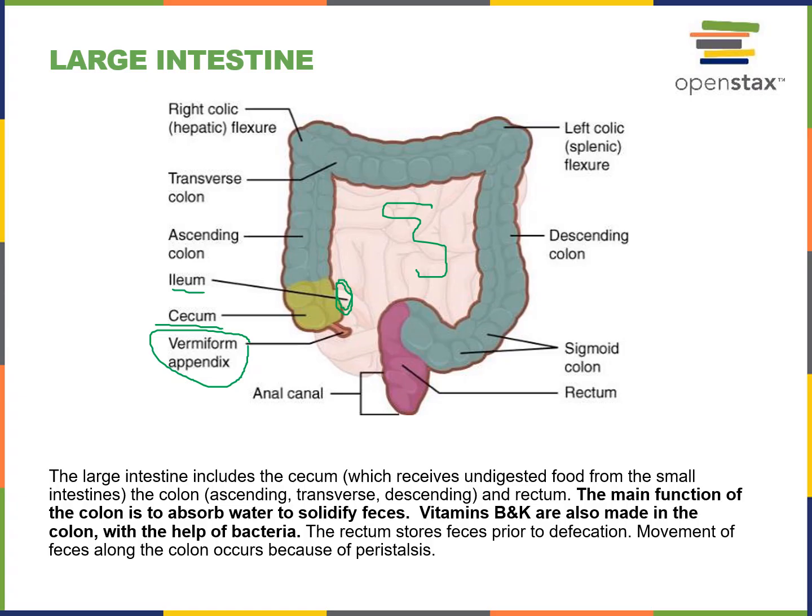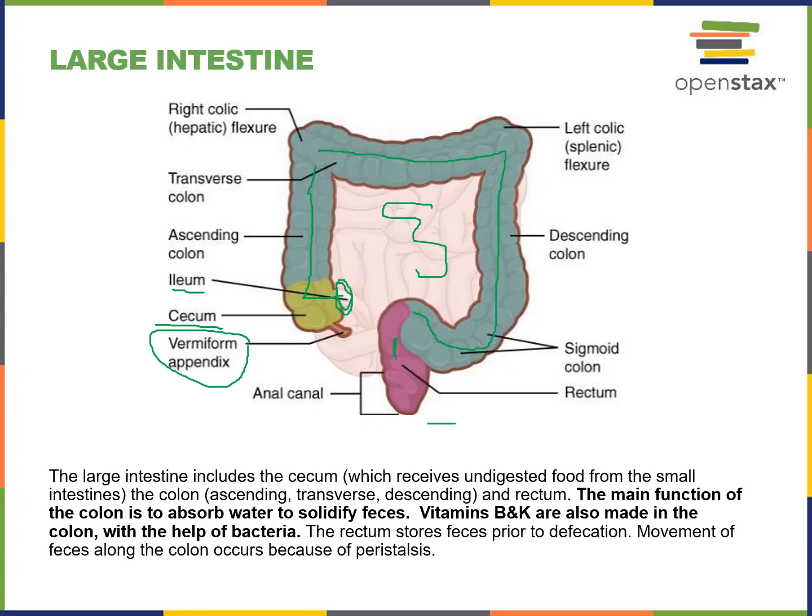But the undigested food, which we can now call feces, moves into the cecum and then the ascending colon, moves across the transverse colon, down the descending colon. There's a little S shape here, which is why this is called the sigmoid colon, and then it is stored in the rectum until the urge for defecation occurs, the defecation reflex, and then that would move out.